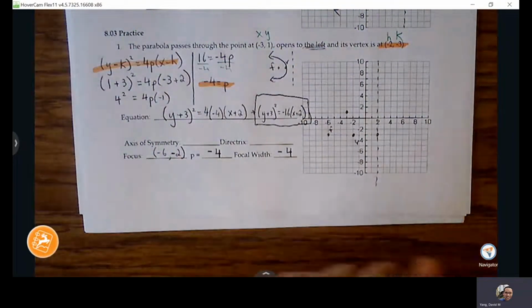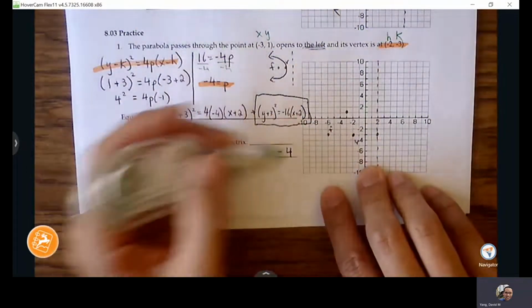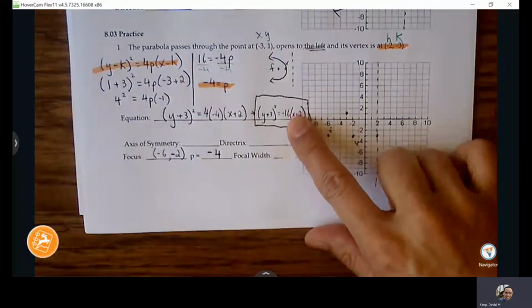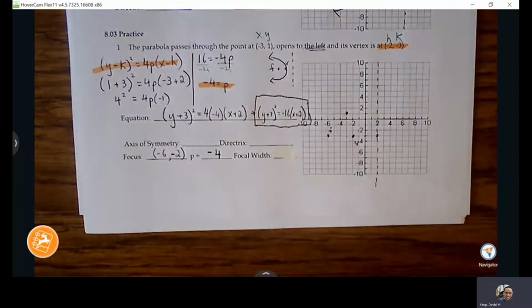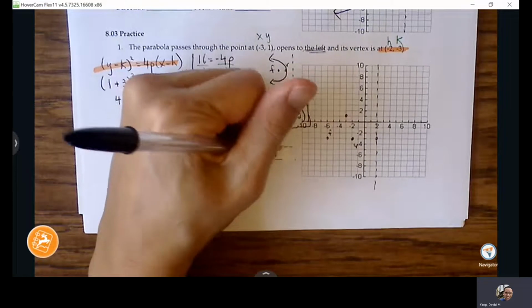Oops, focal width is 16, right? 16 is the absolute value of that number you see in front. Positive 16.